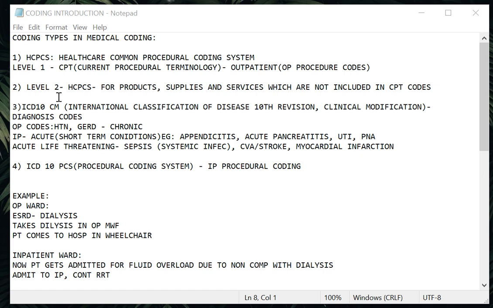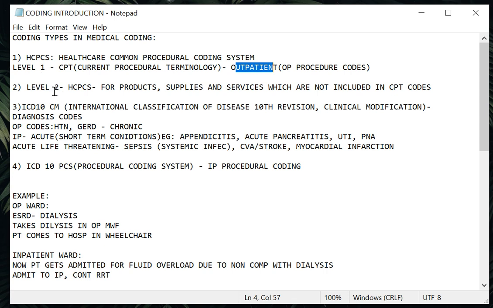Okay, so now this level 1 and level 2, how is it going to act? In level 1, I am going to take the outpatient procedural code, meaning the patient has come for dialysis, right? So I am going to take level 1 as the dialysis procedure code. Okay, that is only the level 1 code.